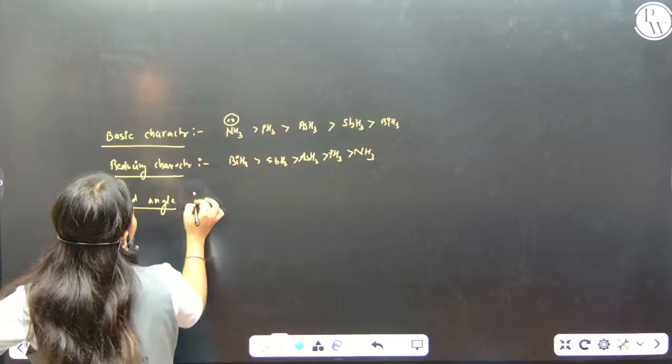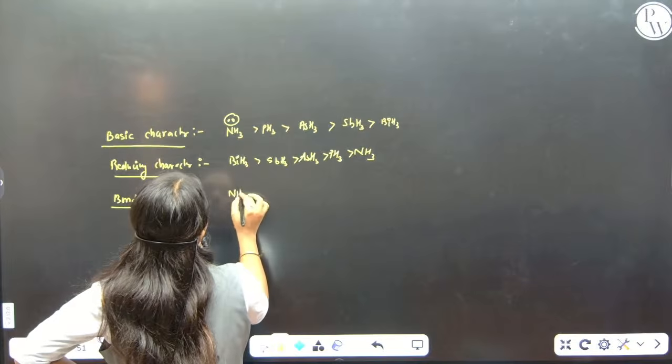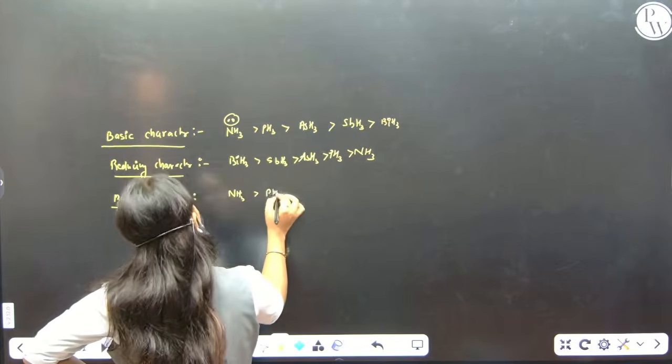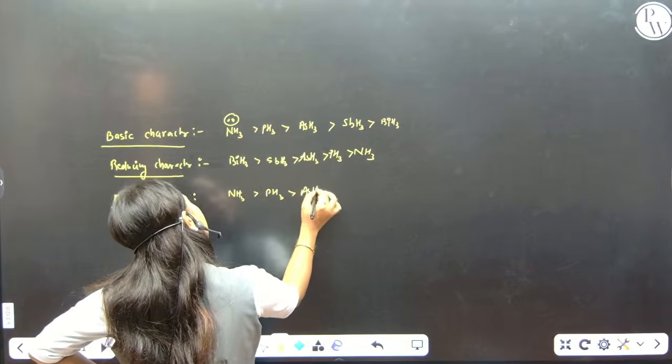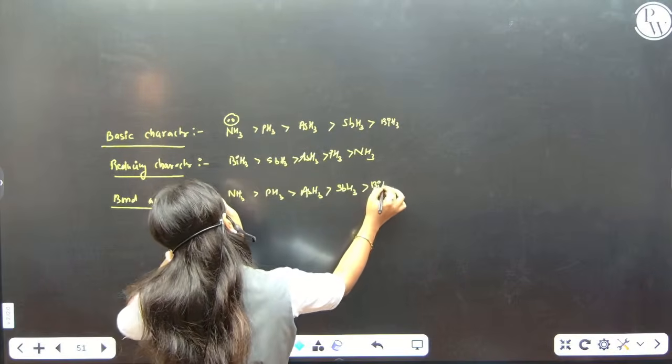After that, bond angle. Bond angle is maximum for ammonia, phosphine, arsine, antimony hydride, and bismuth hydride.